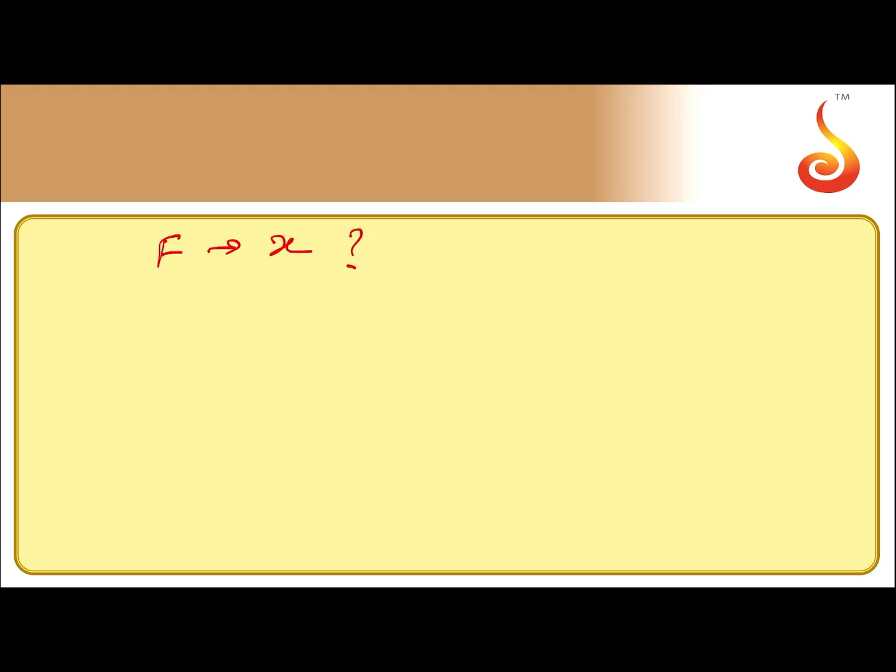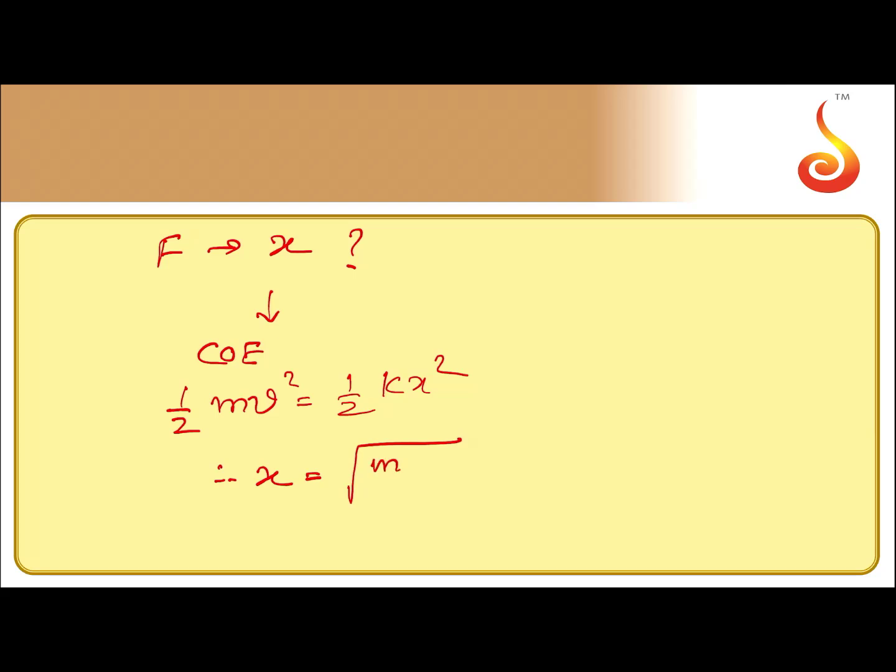To find that, let us use conservation of energy, according to which kinetic energy gets converted into spring potential energy. So x square is equal to mv square divided by k, or x is v root m divided by k.